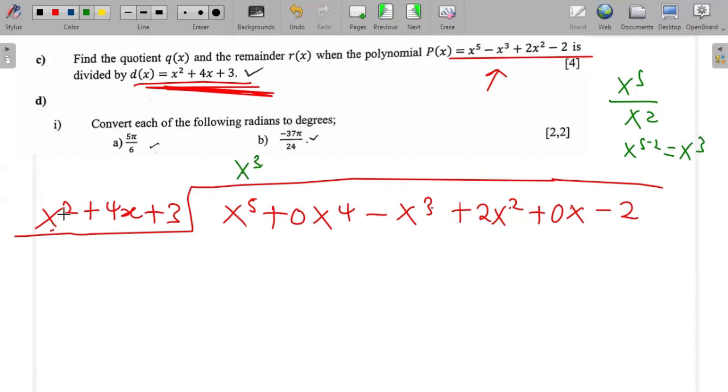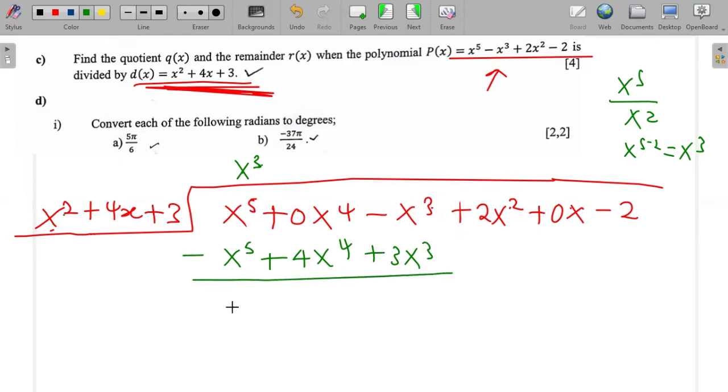Once I do that, I can now multiply. X to the power 3 multiplied by this, I get x to the power 5. X to the power 3 multiplied by this, I get plus 4x to the power 4. X to the power 3 multiplied by 3, I get plus 3x to the power 3. And then from here, I'm going to subtract. The x to the power 5 disappears.